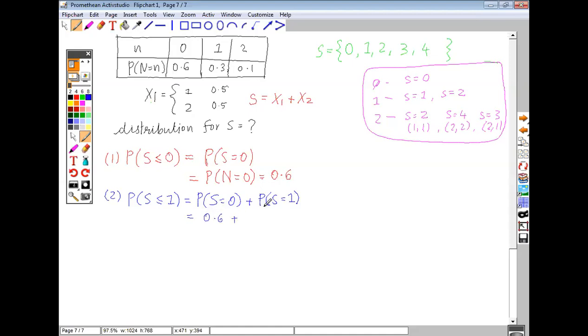And now if I have to figure out the probability that my S will be 1, what do you guys think? How can I define my probability for S being equal to 1?